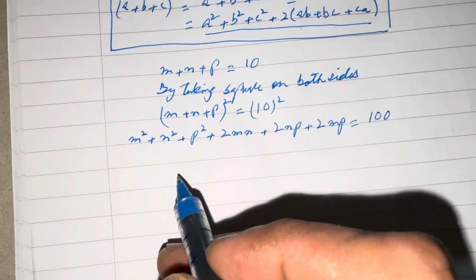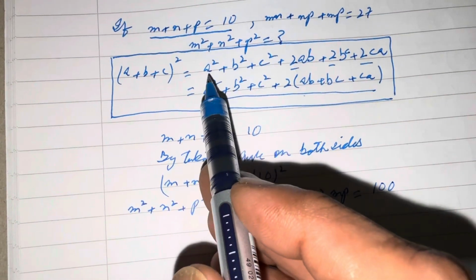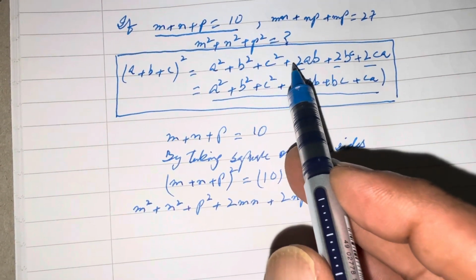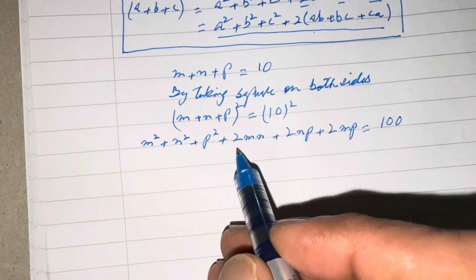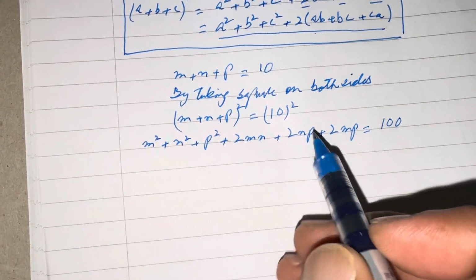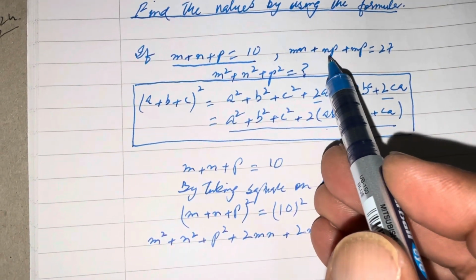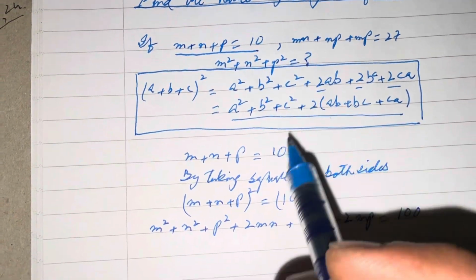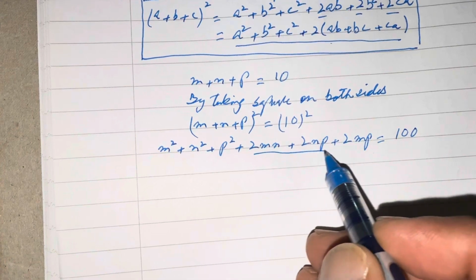So in our next step, if you can see this formula that we have written over there in these 2 steps, in the second step we will have to take the 2 common, because in the given situation in the question there isn't any 2 with any variables. So we will have to take the 2 common from these 3 terms.